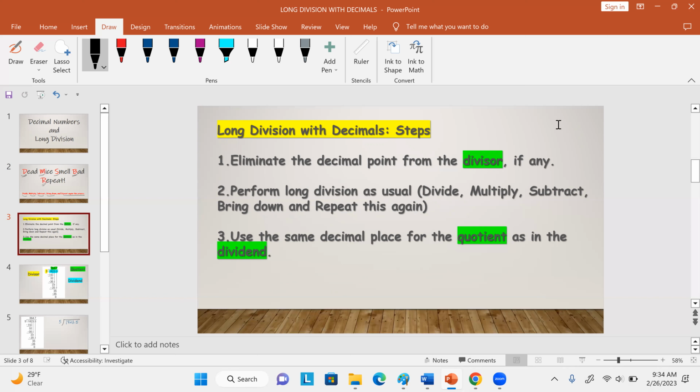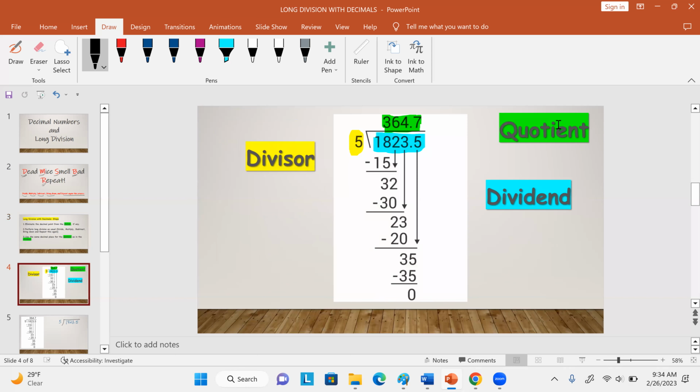Here I highlighted the divisor, quotient, and the dividend. Let's see what each keyword represents in the long division. This is an example where we have 1823.5 divided by 5. The blue is the dividend, and that's the way they will write it.